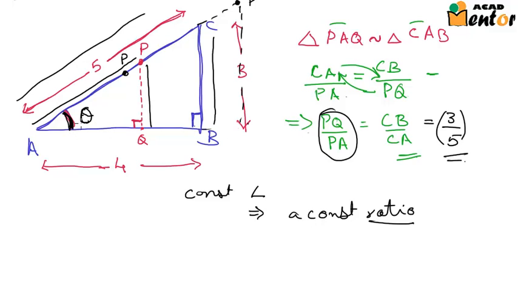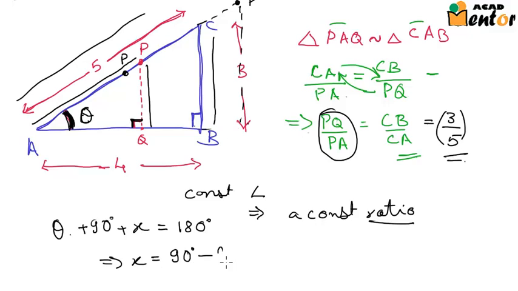Now you must be wondering why we are considering only this angle. We know that in a right angle triangle, one angle is 90 degrees. So the sum of the other two angles remains constant. So if one angle is theta, one angle is 90 degrees, and the third angle is x, then we will have x as 90 degrees minus theta.